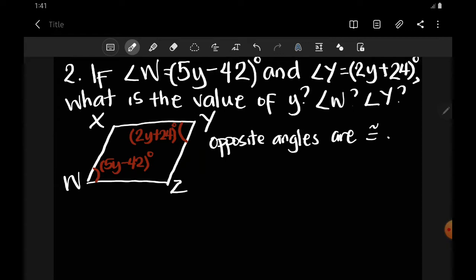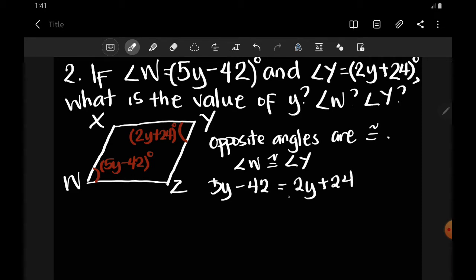So if they are congruent, we can write them down as angle W congruent to angle Y. And then substitute the given value. So we're going to have 5y minus 42 is equal to 2y plus 24. And then combining like terms. So we need to transpose 2y. So we're going to have 5y. Since this is positive, it will become negative.